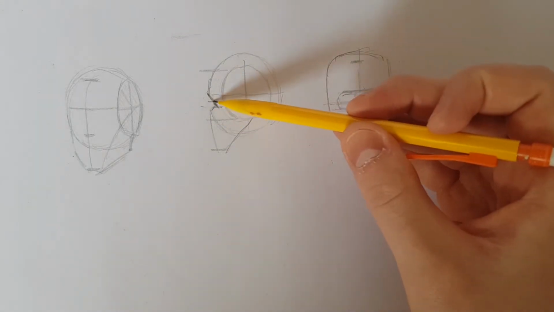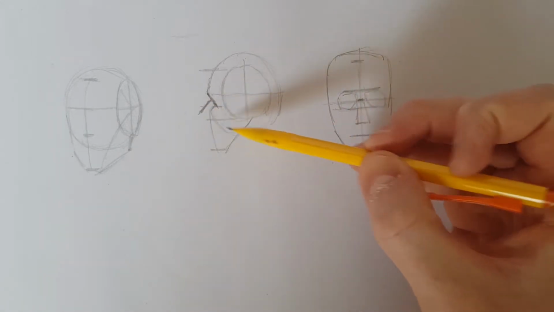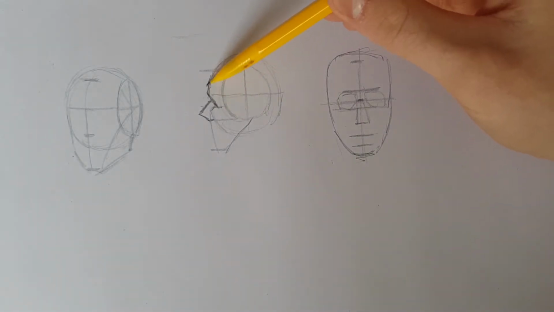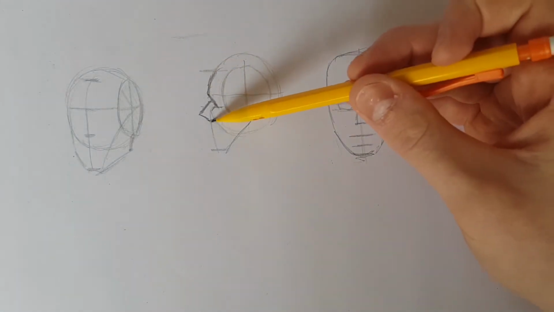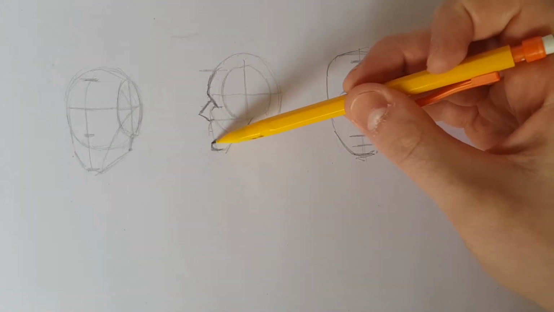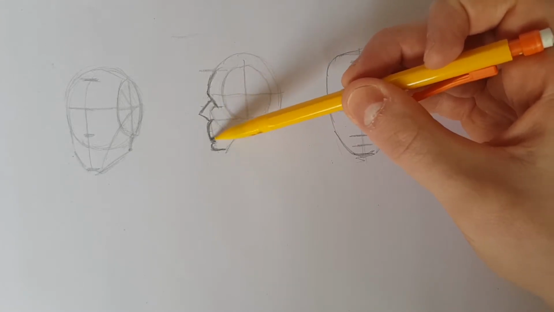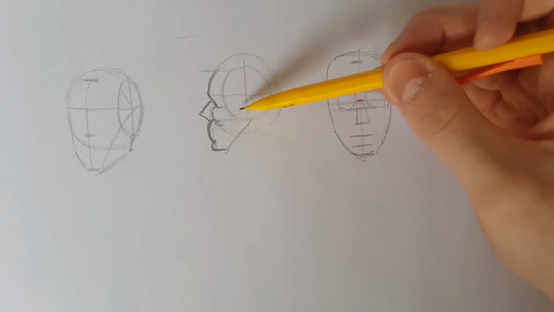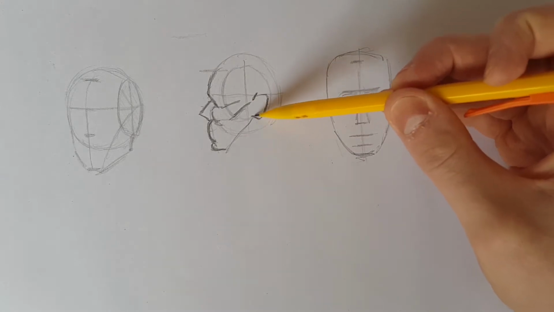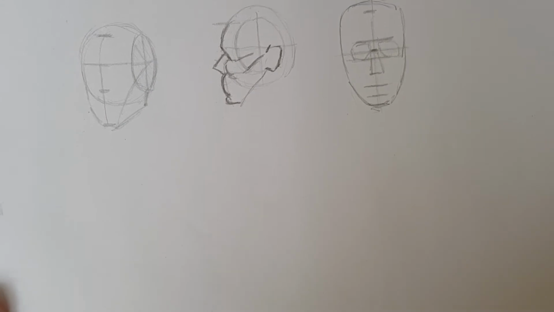So halfway between there, it'd start coming out, and then bottom of the nose there. Then if you divide this into 3, the bottom of the chin, and this part here is more like a ball shape, and then you've got the cheekbone, right? You can add the ear there. Alright, don't worry, we're gonna go through this in an easier way.